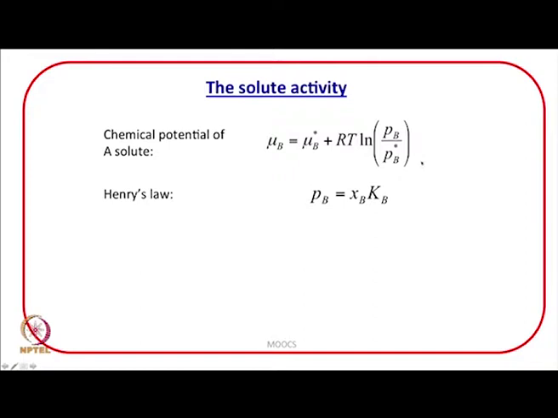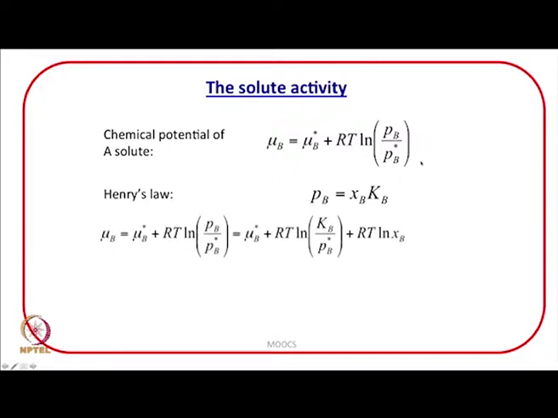Substituting for PB, the resulting equation is mu B is equal to mu B star plus RT log KB over PB star plus RT log XB.